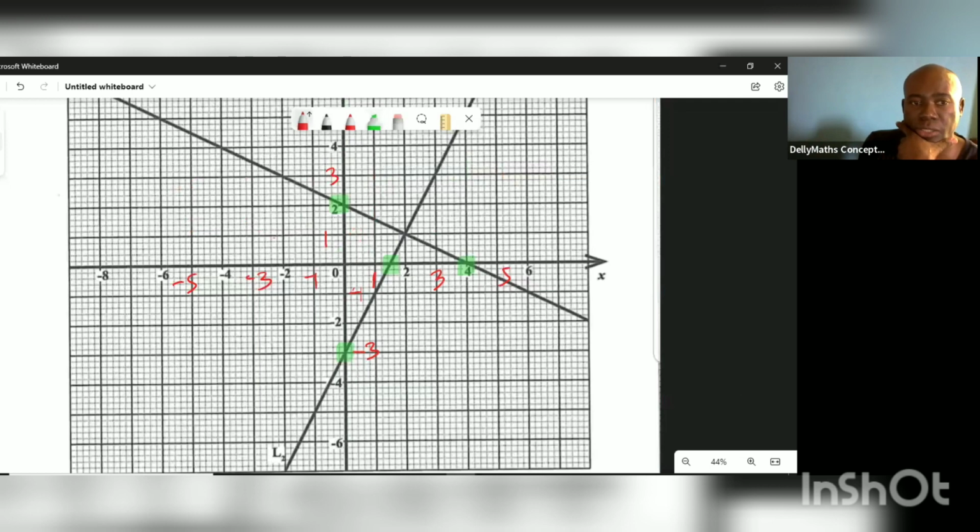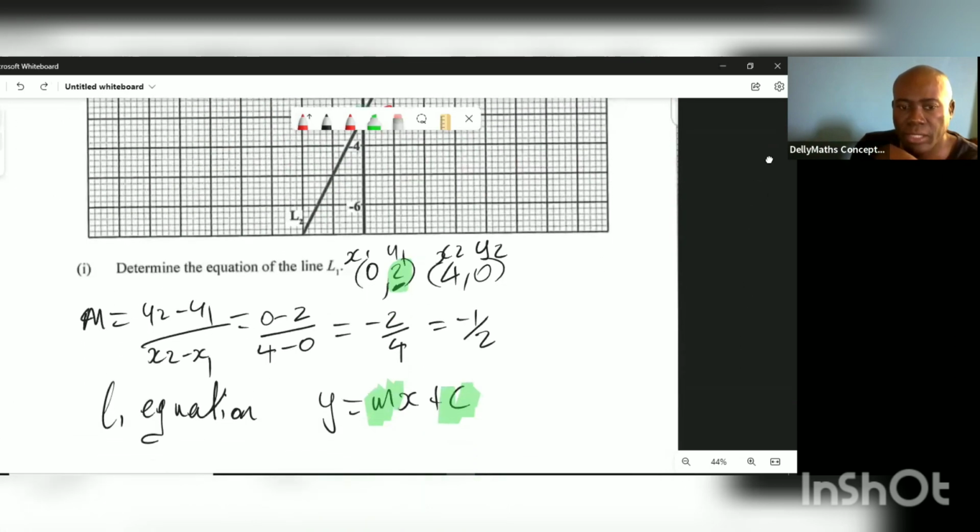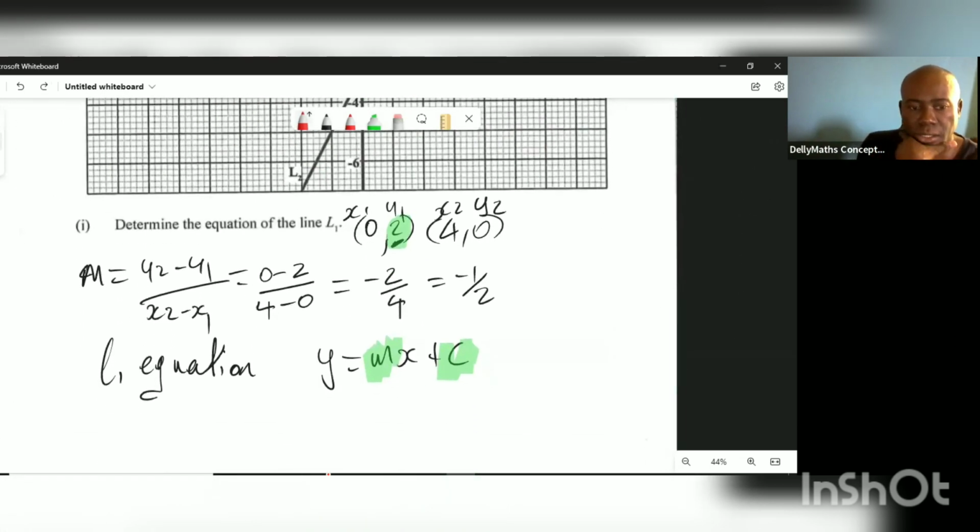So you could see this is where it crosses the y-axis right there. So definitely for L1, I could write the equation easily. So L1 is y is equal to -1/2 x plus 2. We're done.